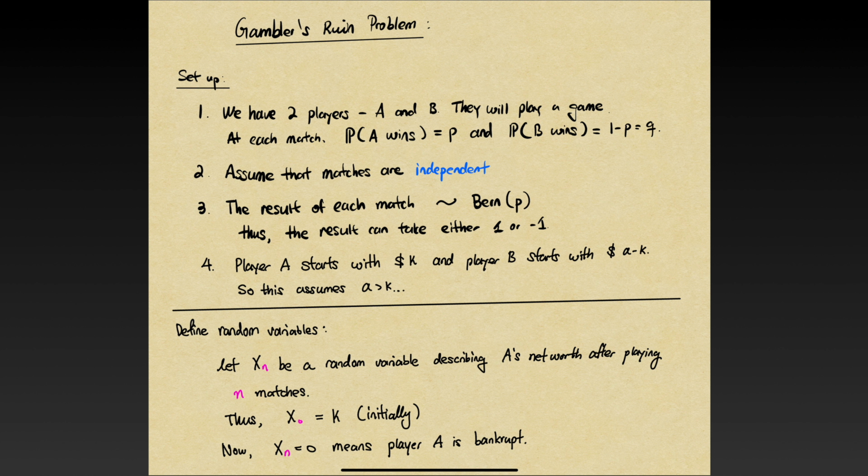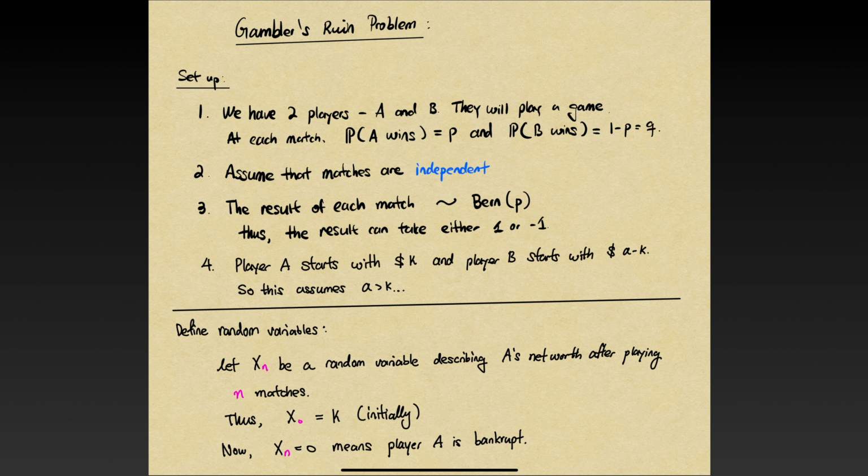So the previous result does not influence our current match. That's what independence means. And then each match follows the Bernoulli distribution with P. P is the probability of success, and in this case, P is about player A winning. So the result follows a Bernoulli distribution, and the result can take either plus or minus 1.